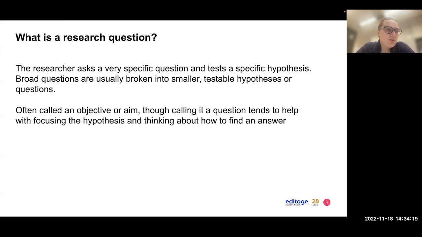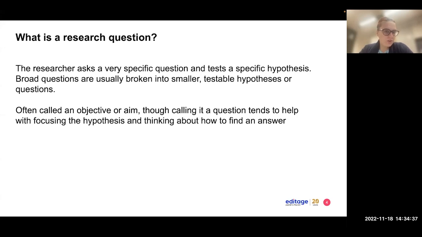So hypotheses are broad questions, usually broken down into smaller testable statements or questions. And these statements or questions need to be able to be answered either by quantitative or qualitative data.